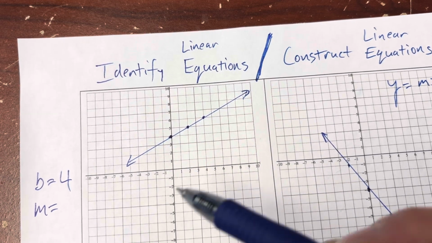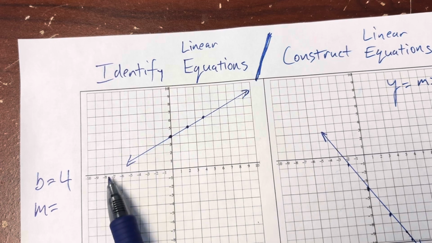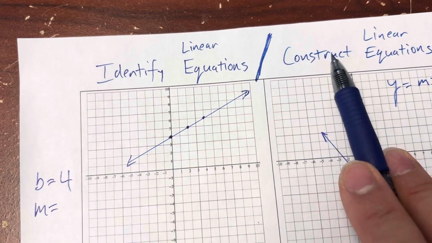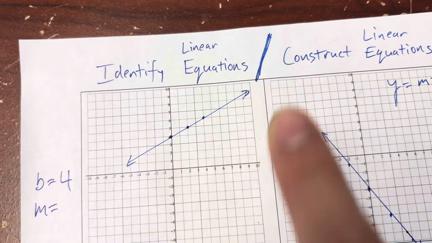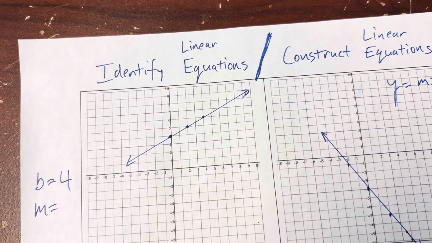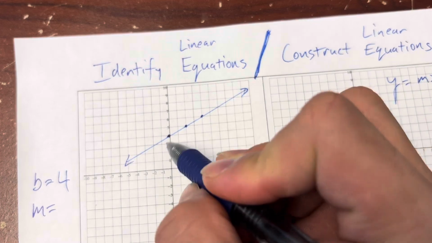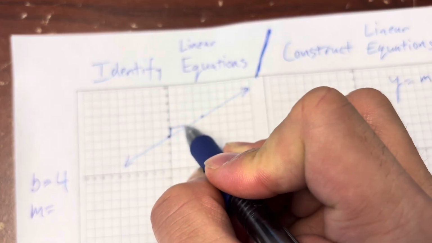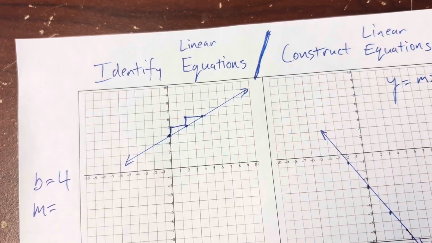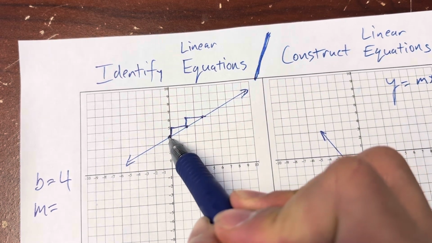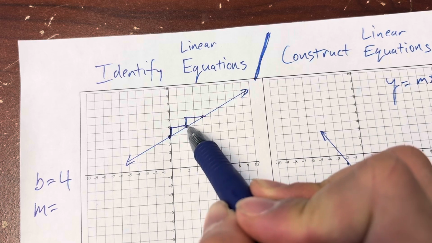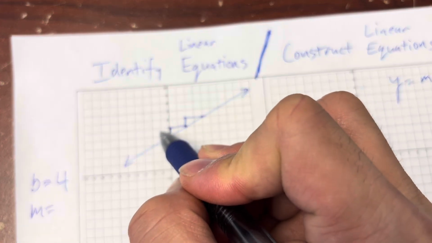With that said, the way that I calculate my m is because I know this slope is going up, because I can trace it with my finger from left to right and it's going up. That means this is a positive slope. If it's a positive slope, I'm going to make a triangle that goes up and over. With this triangle, I create the loops that I need to count. From the y-intercept to get to this next point, I had to go one loop up.